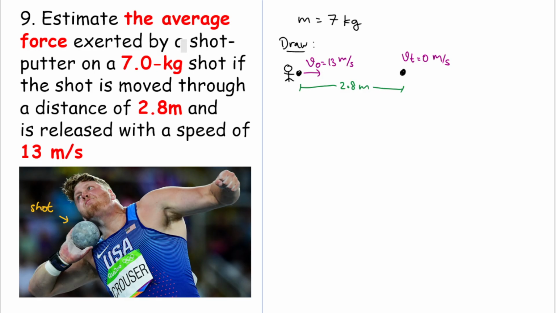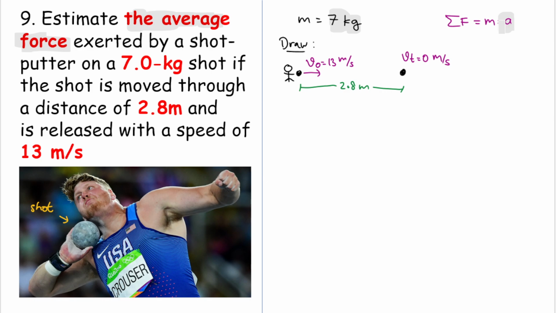What is asked by the problem? We are asked to find the average force. Remember that from Newton's second law, the average force is equal to the mass times acceleration. We have the mass, 7 kilograms, but we don't have the acceleration yet.